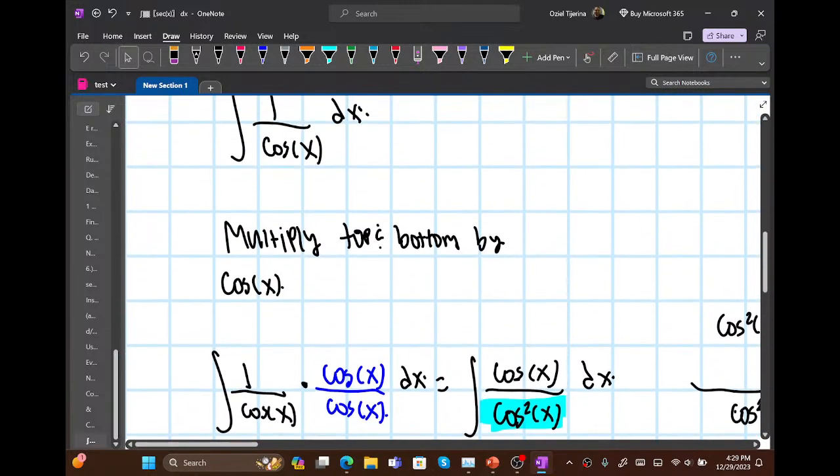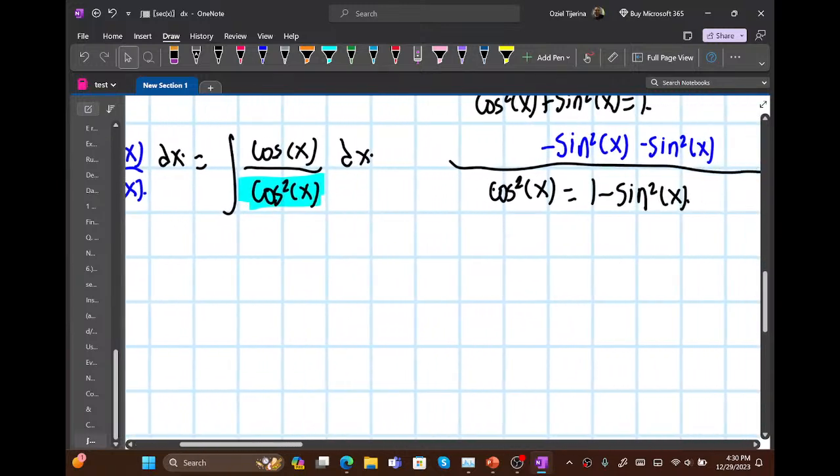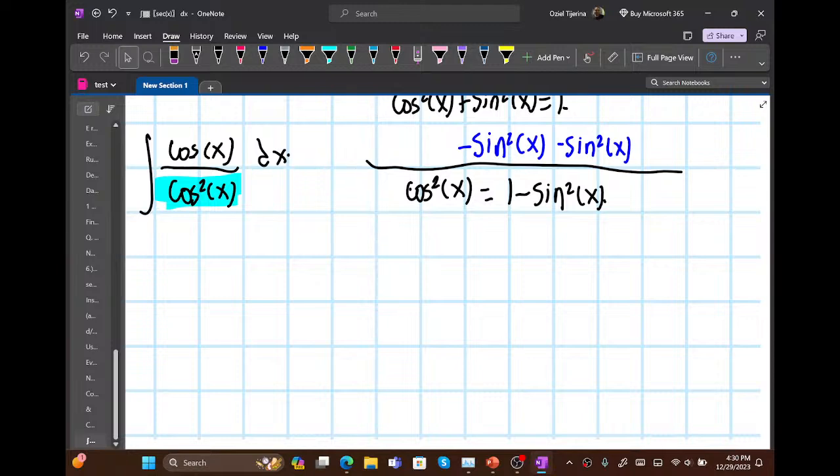Oh, and actually, guys, you know what? Well, I'll just keep going. I just realized something. I'm really stupid. This can also be done by integration by parts. I really did not realize that. Oh my goodness gracious.